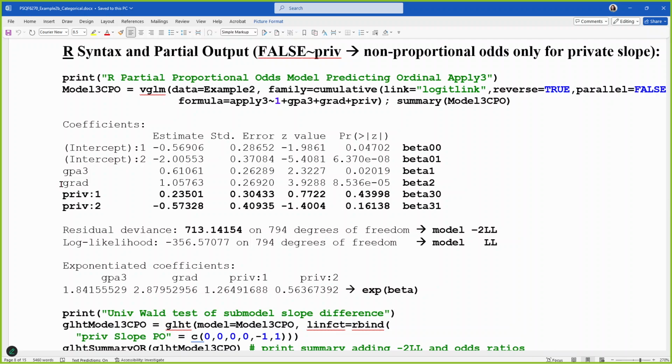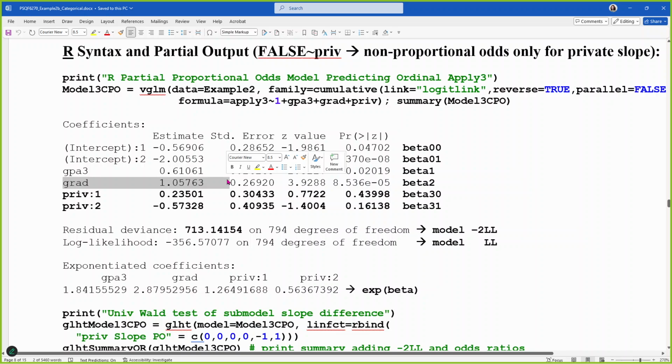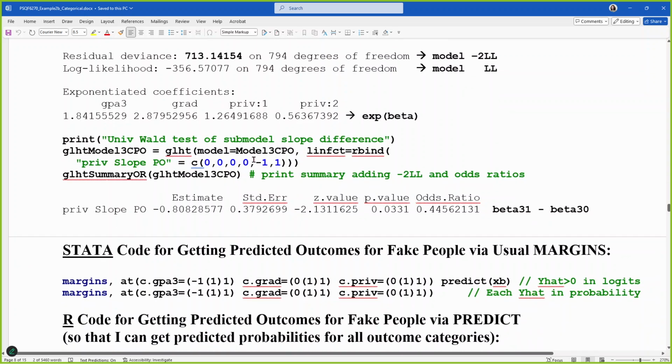So having a parent who's educated is an advantage. Having gone to private school is presumably another advantage. Which is the bigger advantage? You put a negative one on this and a one on that, and then you can compare them with this same technology. You'll see there's a lot of instances in which you need to do this in different contexts, but this is how you would do it.